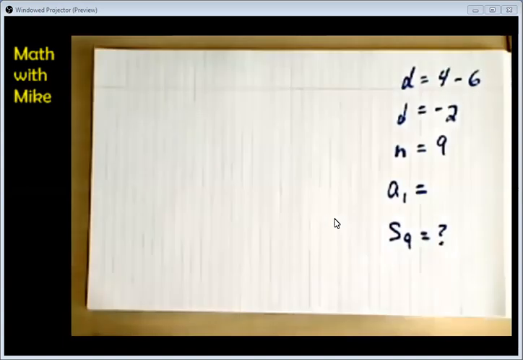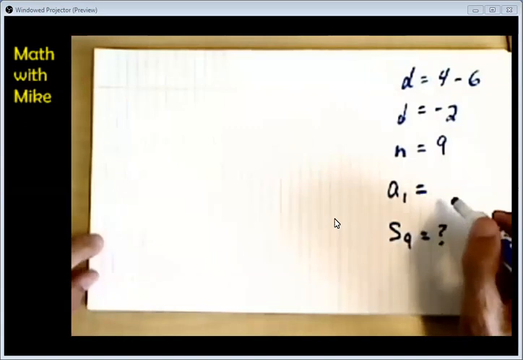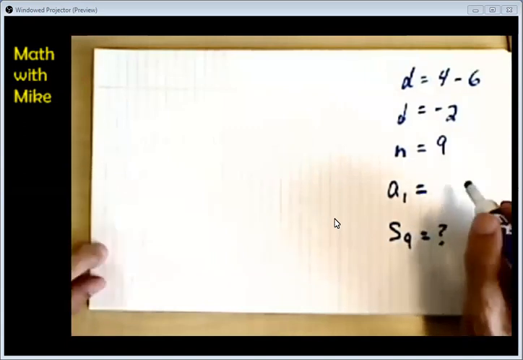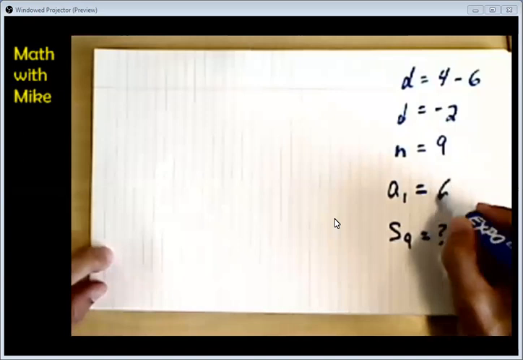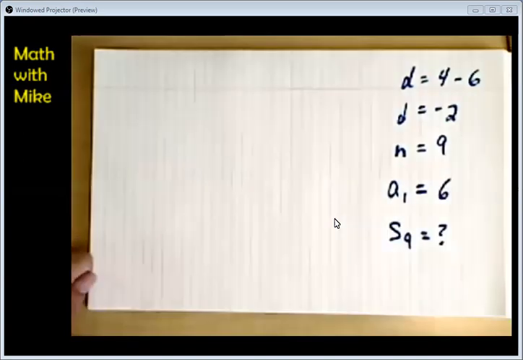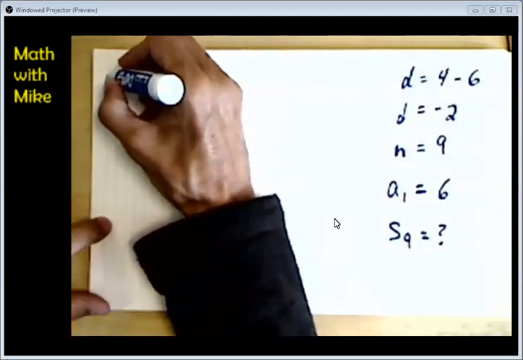The formula is coming from class. What is A1? First term, that's true. 6, indeed. So from class we got the formula started. There are 2 formulas.